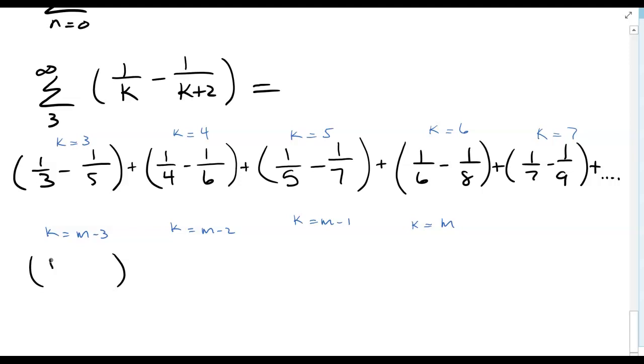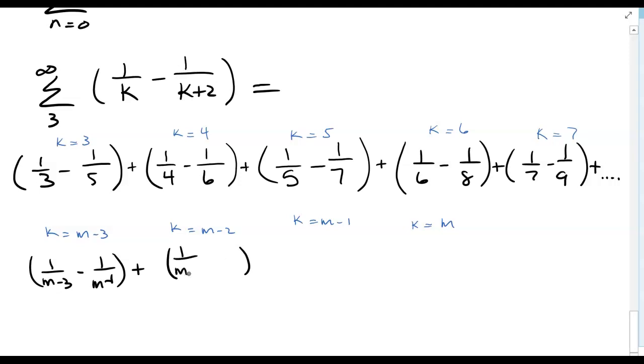All right, so I'm using that pattern to do this part. So this would be 1 over m minus 3 minus 1 over m minus 3 plus 2, which is m minus 1. We're just plugging back into the original problem up here.